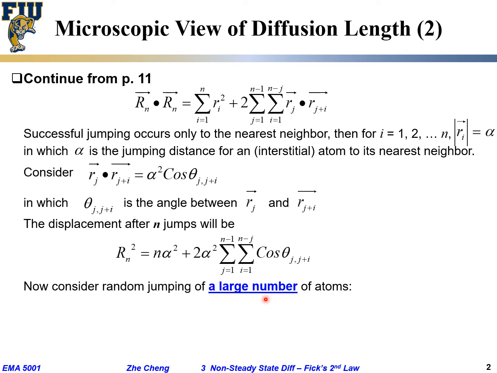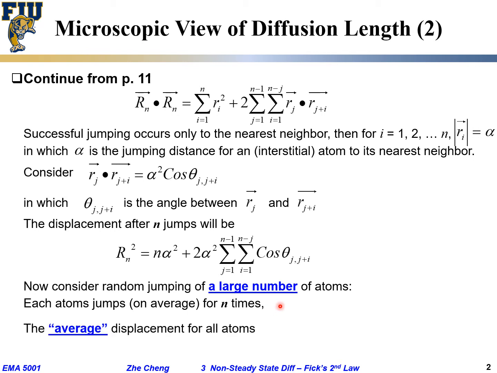I'm concerned with the average effect over a large number of atoms. Each atom, of course, may jump a different number of times. But for simplicity, let's assume each atom on average jumps n times. Some atoms may jump a little bit more than n times, some a little bit less, but on average they jump n times.